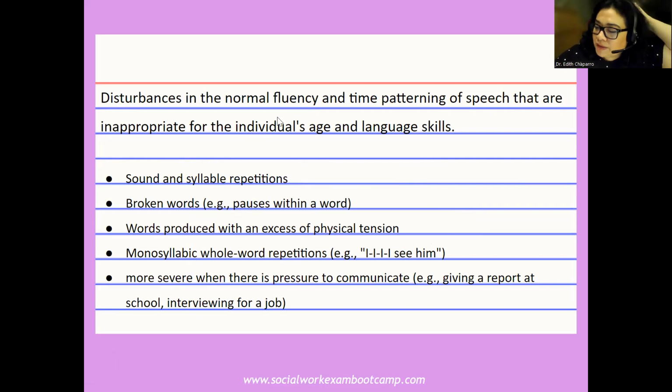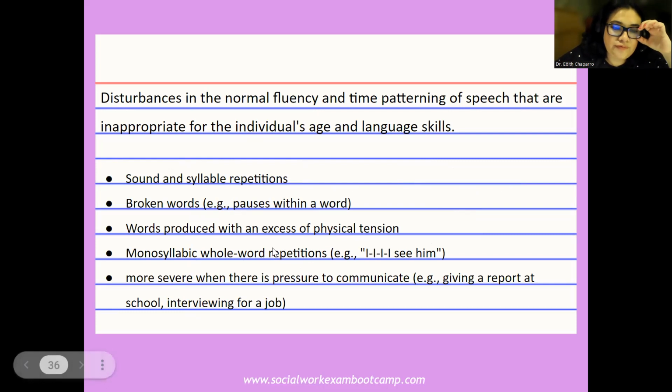I would assume you might need a few seconds to write this down. If you need to pause it, it's fine, but I'll take my time so that you can write it. Disturbances in the normal fluency and time patterning of speech that is inappropriate for the individual's age and language skills.